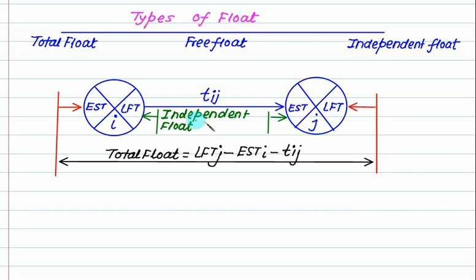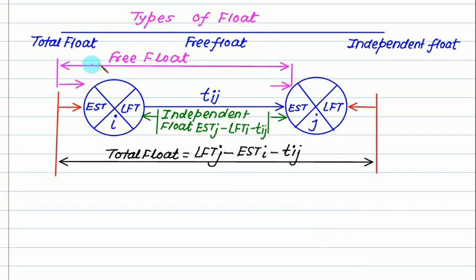So what is the definition of independent float? It is the earliest start time of the j activity minus the latest finish time of the ith activity minus the duration Tij. That is the definition of independent float.